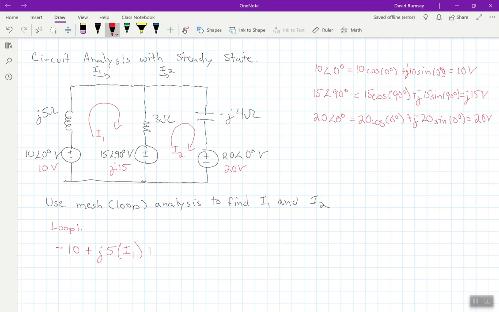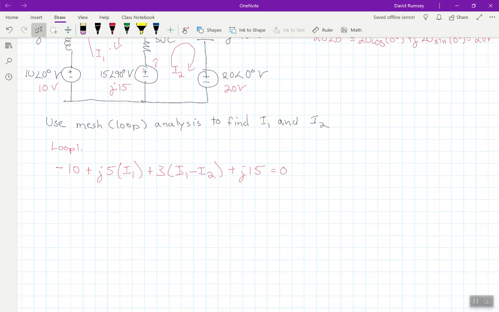And then I'd have plus 3 times I1 minus I2, because I have I1 coming down and I2 is going up. So they're going against each other. And then I'm hitting the plus side of that power supply, so this would be plus j15, and this is all equal to 0.